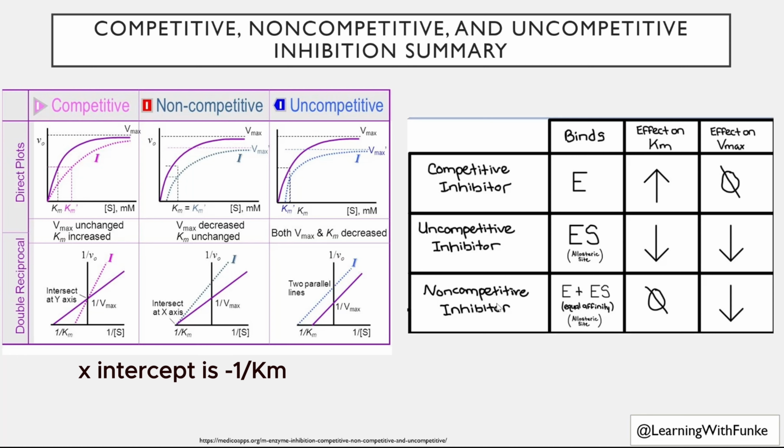And then for non-competitive inhibitor, we have no change in Km, but we have a decrease in Vmax, okay? And then here, in non-competitive, the inhibitor can bind to both the enzyme and the enzyme substrate complex. But in uncompetitive, the inhibitor is binding to the ES, the enzyme substrate complex already formed, okay?